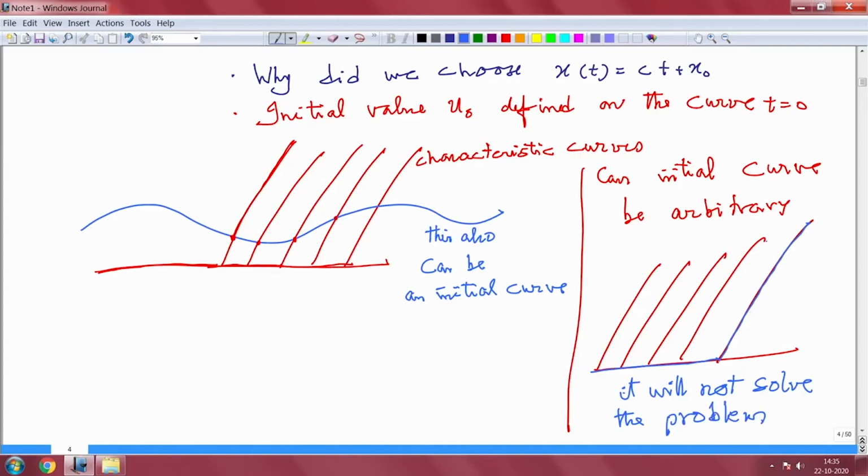Because you have initial curves here, and the values on that initial curve cannot be determined by this initial curve gamma naught. You see. So, that actually indicates that your initial curve should not be a characteristic curve at any point. It should not be parallel. These are the geometry conditions which you need to understand.